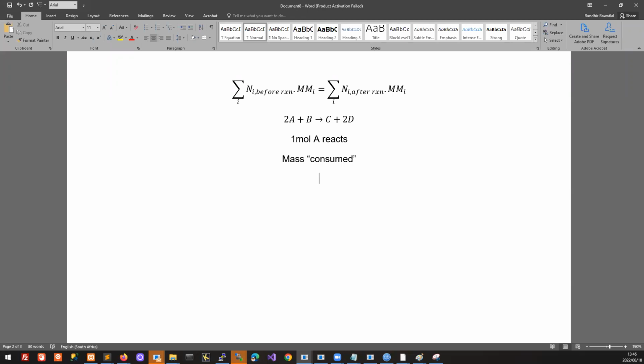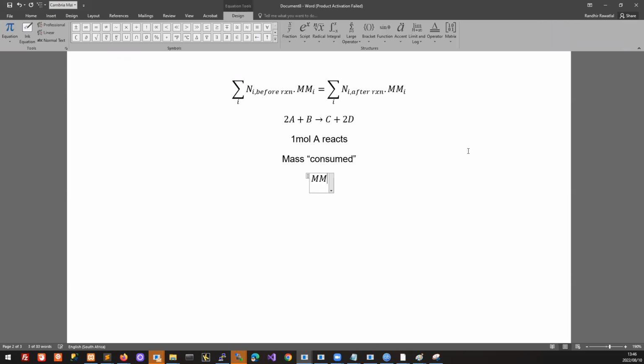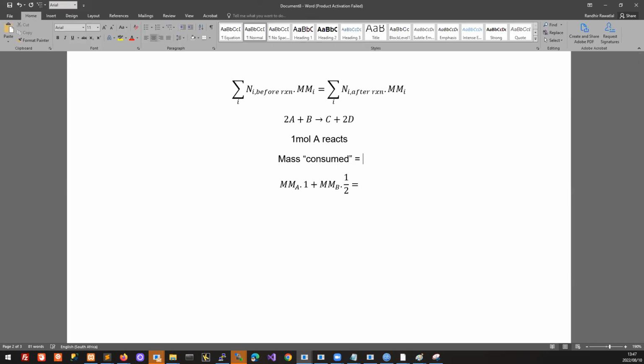So the mass that disappears on the left-hand side, that's going to be molar mass of A times 1 mole plus the molar mass of B, and that's a half a mole has reacted there. So times 1/2 equals, and so the mass consumed equals mass produced.